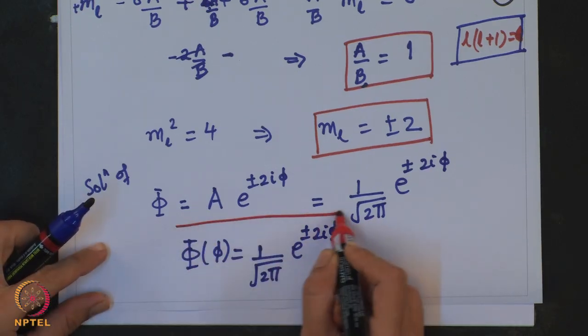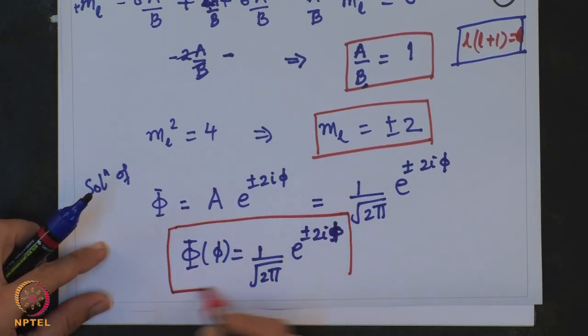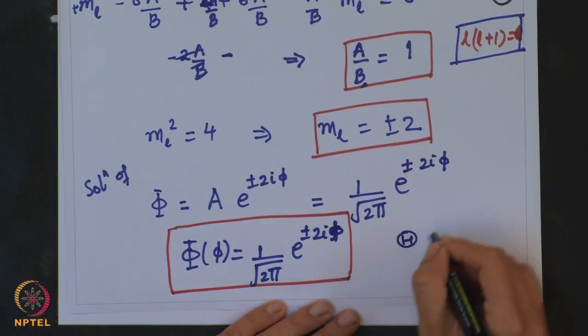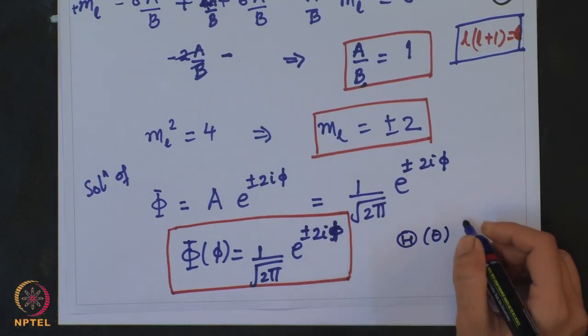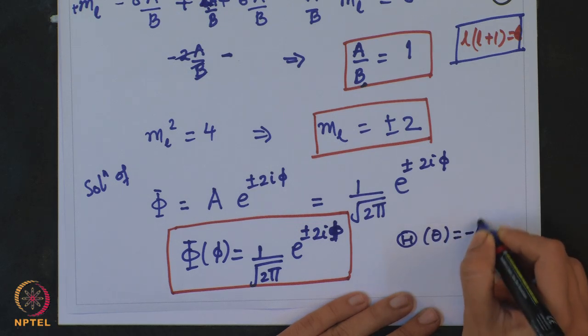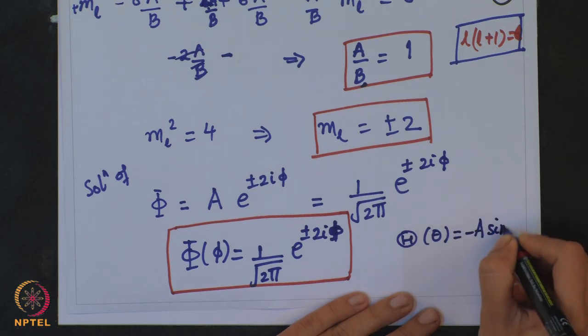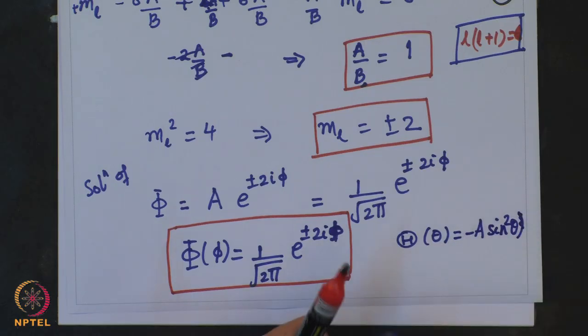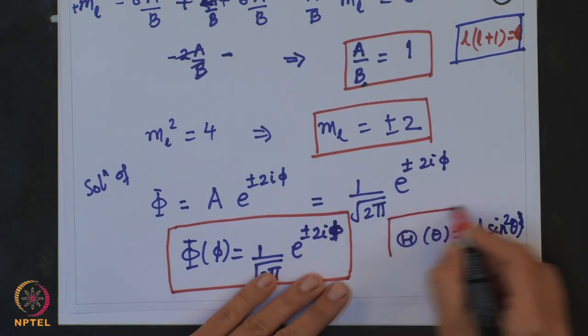And similarly, you can obtain the solution for theta. This capital theta has the solution of the form minus A sin square theta. Let me box it.